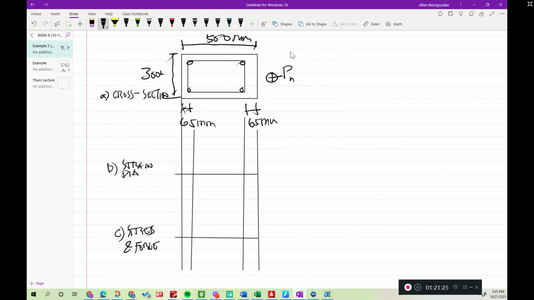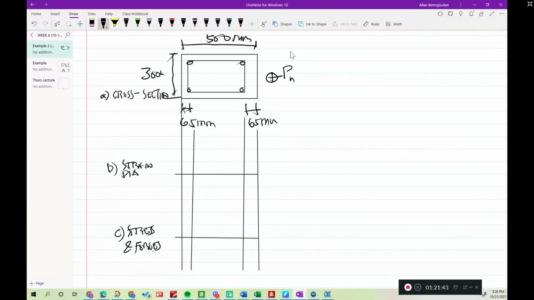Sir, question po. Yeah, please. Sir, yung 65 mm po ba, dun po sa centroid yun ng steel o dun sa end ng stirrup? Centroid. Okay po. Thank you po. It's a good question.